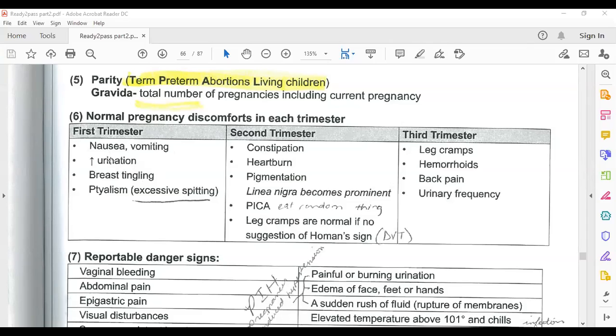And increased frequency of urine or urination. So empty the bladder frequently. Sometimes some type of exercise can help. Tell mother to perform Kegel exercise for stress incontinence. In that time, UTI, or urinary tract infection, is also common.